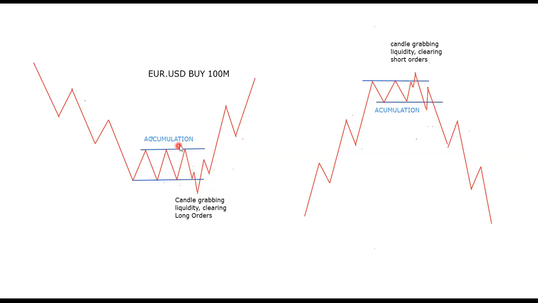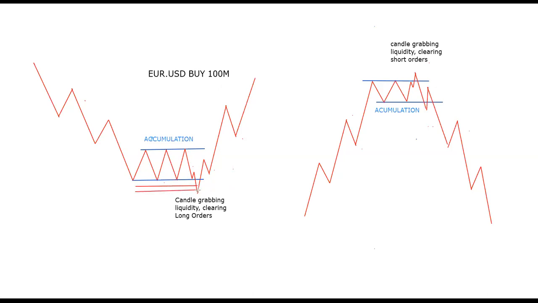Now, what happens is when price begins to go up, the banks are selling into one of these candles right here, and boom, price drops all the way down. It clears out all of these pending orders right here, the stops that are here, and the pending orders that are just below that.